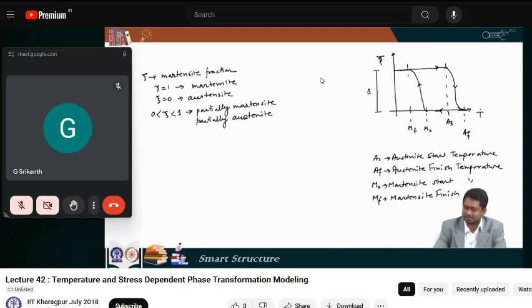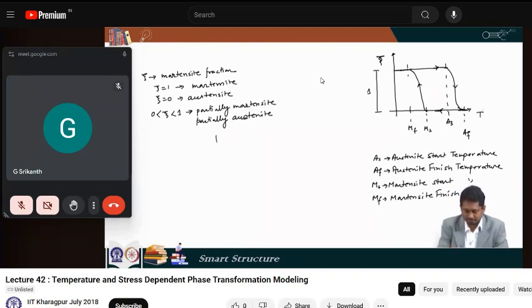So if the temperature was more than AF before and it has been cooled down to this temperature, which is between MS and AS, then we can say that xi is 0. On the other hand, if the initial temperature was less than MF and it is heated up to a temperature which is between MS and AS, then xi is equal to 1. So it is path dependent, it is history dependent, and it is hysteretic.